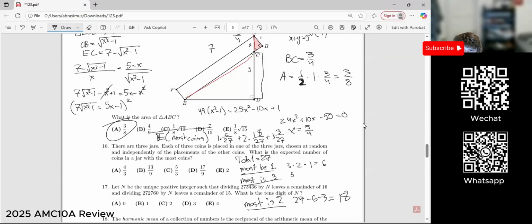Sorry, it's kind of hard to see here, but I'm running out of space. So we have 6 over 27 plus 36 over 27 plus 9 over 27, which is, I want to say, 51 over 27, which is the same as 17 over 9. So that's D.